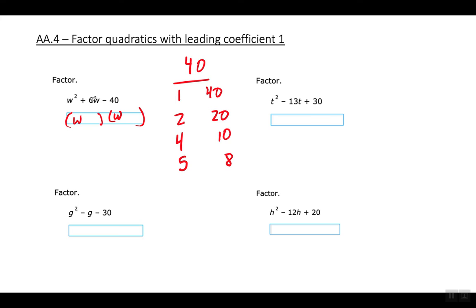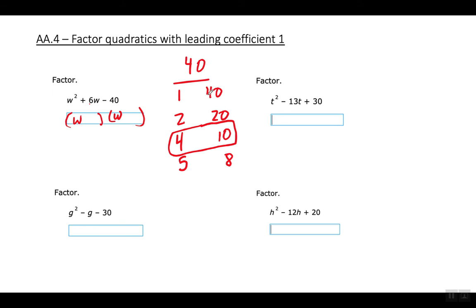Now I need the factors that I can combine to get 6. When you add them, you can't get 6 with any of these, but when you subtract them, you can get 6 with these two numbers. So those are the ones we're going to use.